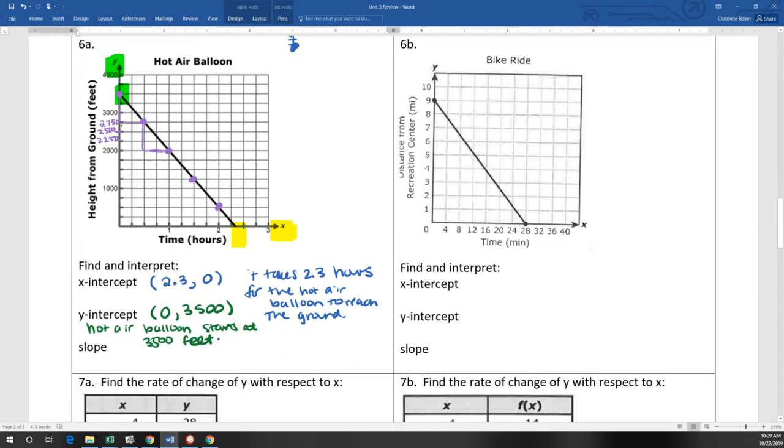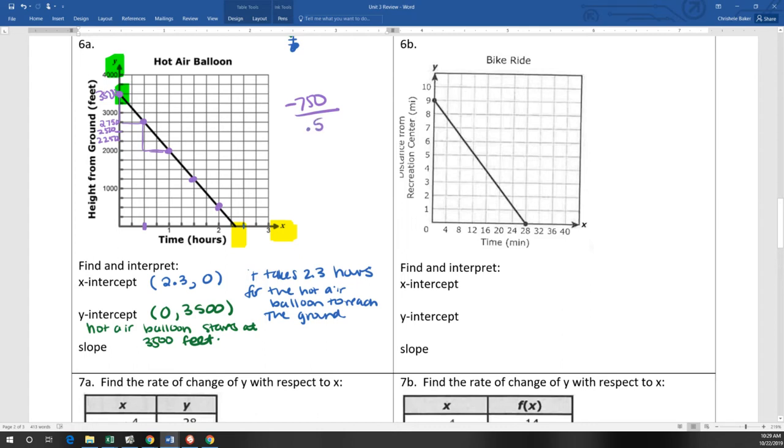And it's going over, what, half an hour? So for my slope, we're coming down from 3,500 to 2,750. So 3,500 minus 2,750, that's negative 750 feet. And that was coming over a half of an hour.